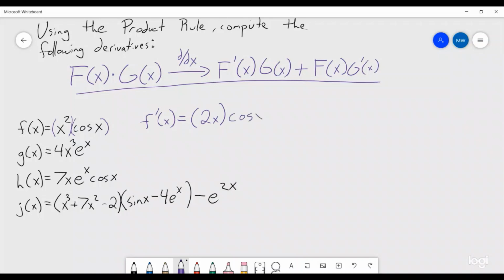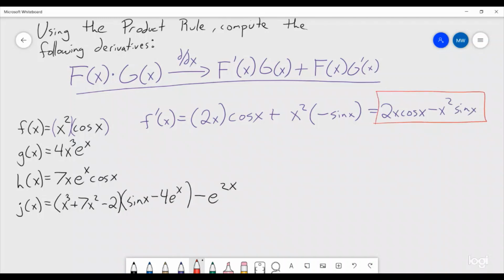So cosine x just sticks around, and then add to that f of x, or our first function, x squared, times the derivative of the second function. Now, the derivative of cosine, that is negative sine x. So that means our derivative is going to be 2x cosine x minus x squared sine x. And that is where we would stop and write down our answer.